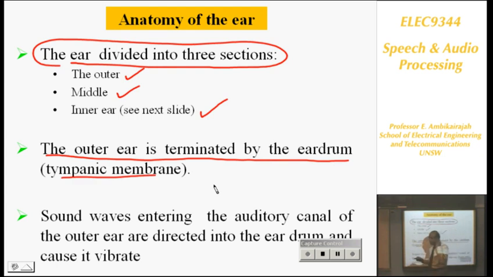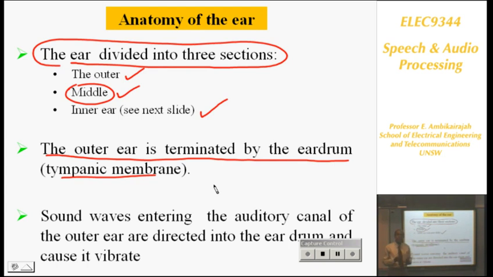The sound waves enter the outer ear, go to the auditory canal, and are then directed to the eardrum, letting the tympanic membrane vibrate. That's the middle ear.